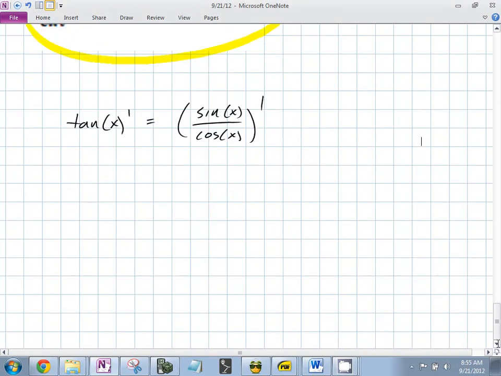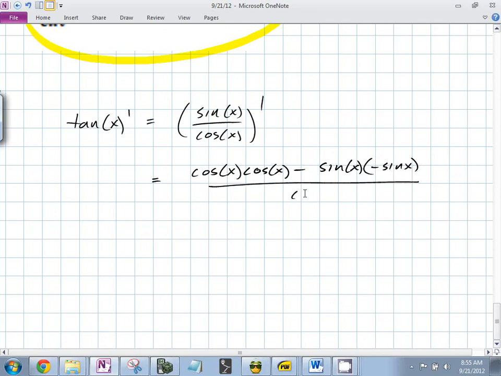What rule? Quotient rule. Low d high. What's the derivative of the top? What's the derivative of sine? So low d high minus high d low. What's the derivative of the bottom? Negative sine x. I just told you that, all over what? Cosine squared x.